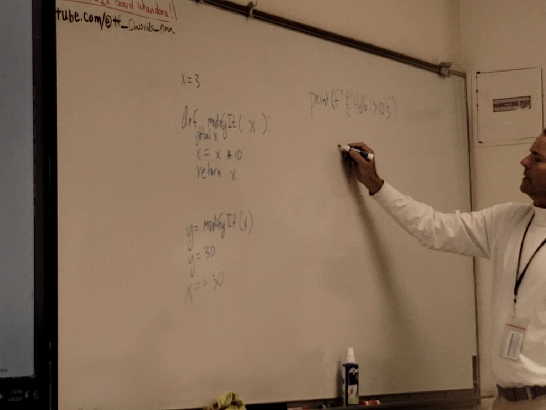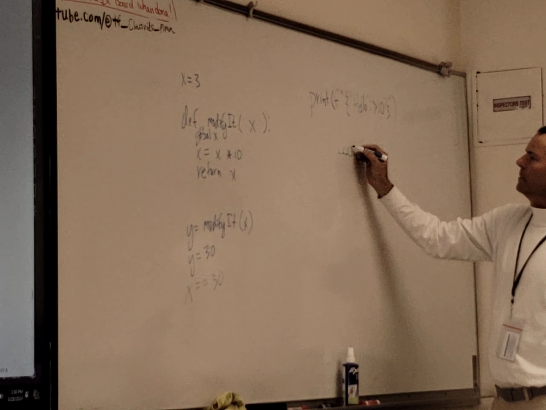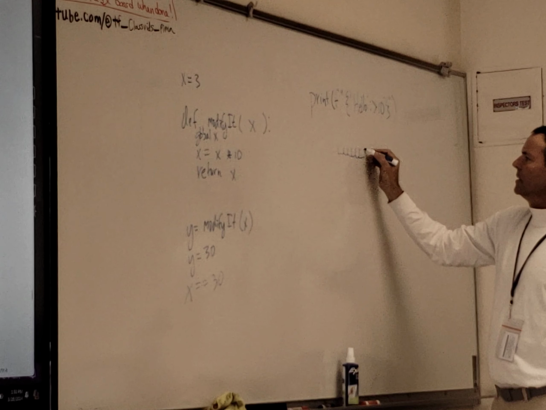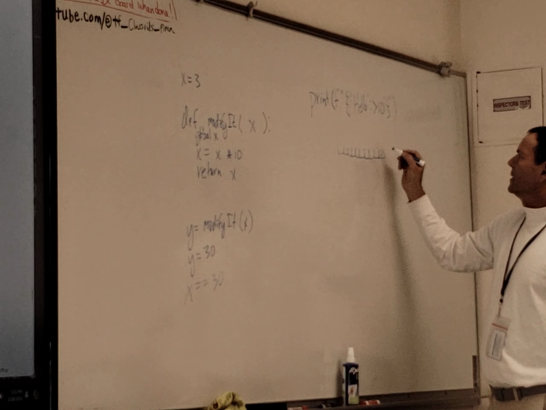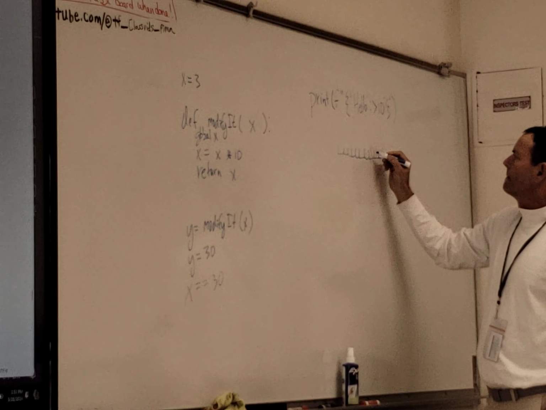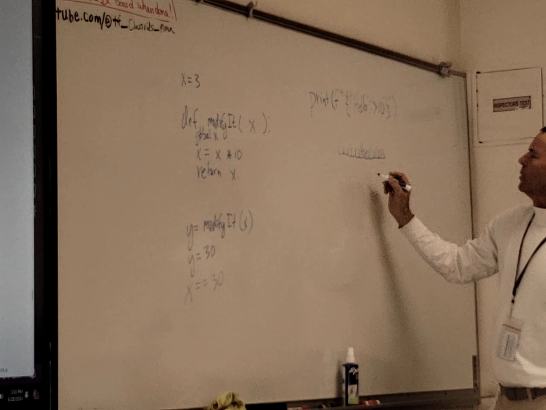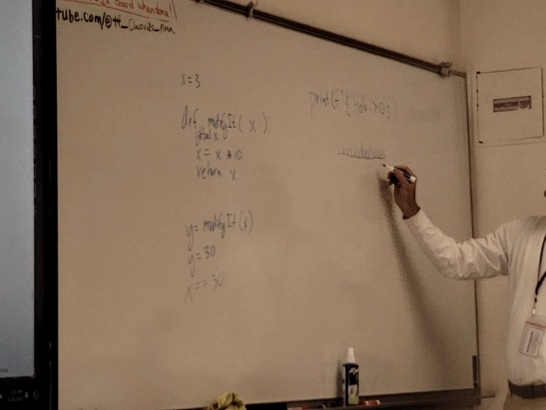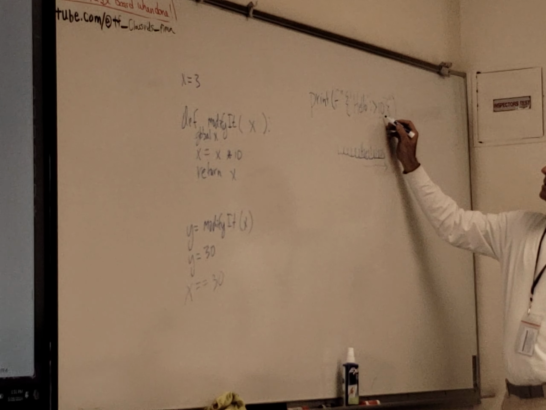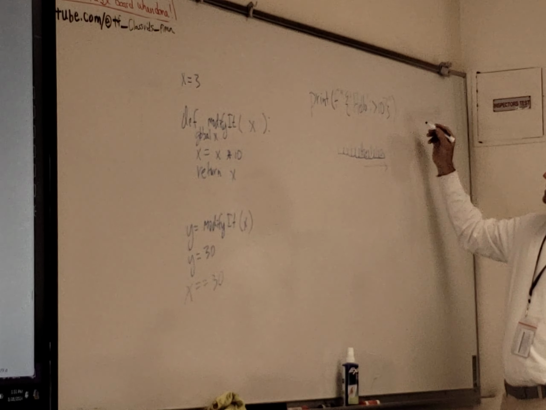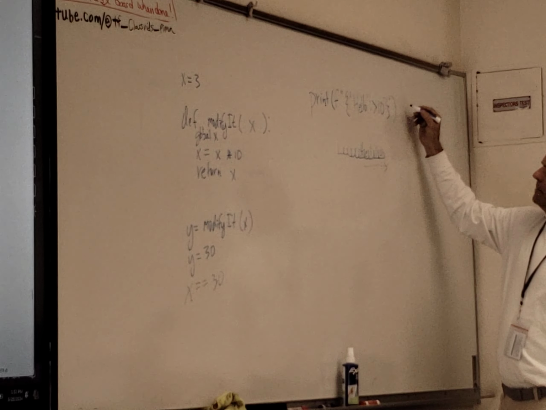So that would print 1, 2, 3, 4, 5, 6, 7, 8, 9, 10, and it's going to print hello right aligned in 10.